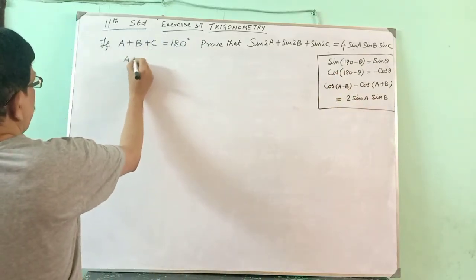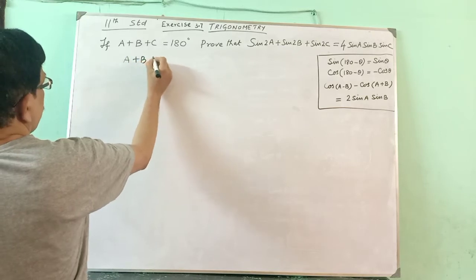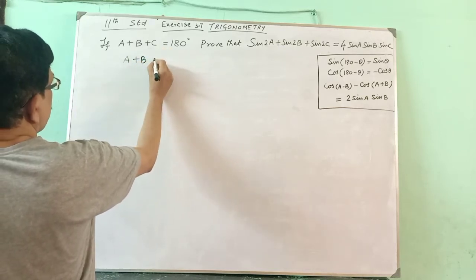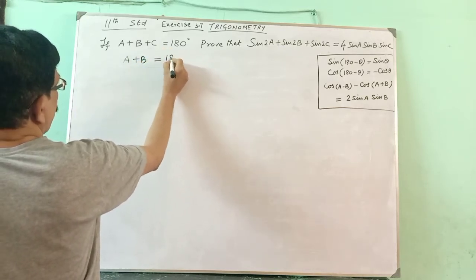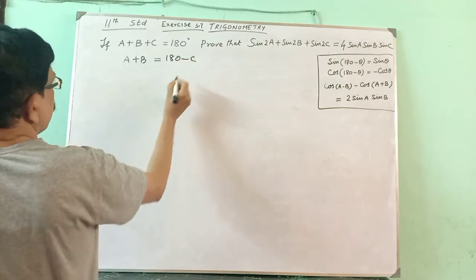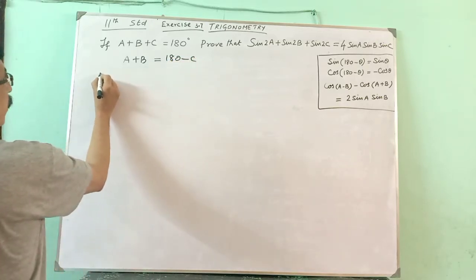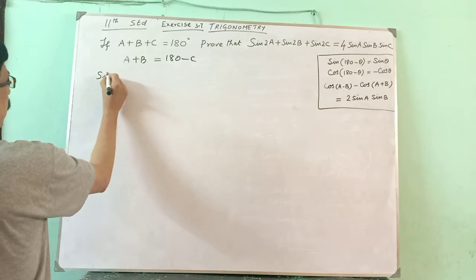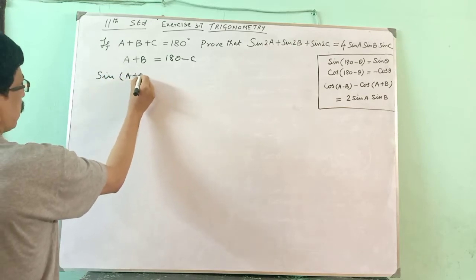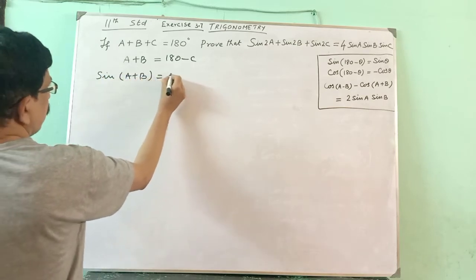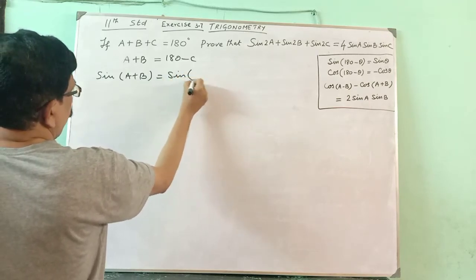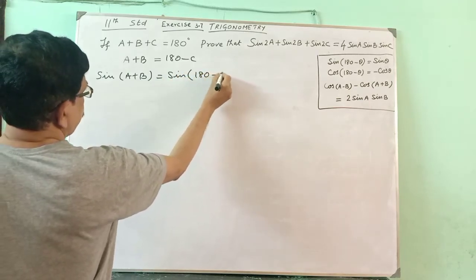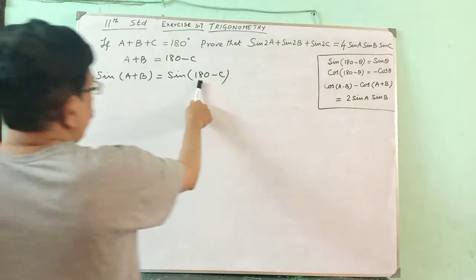First we take A plus B plus C is equal to 180. A plus B is equal to 180 minus C. Taking sin on both sides, sin(A plus B) is equal to sin(180 minus C).